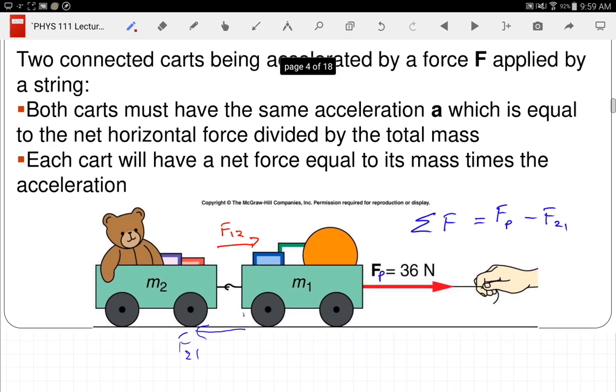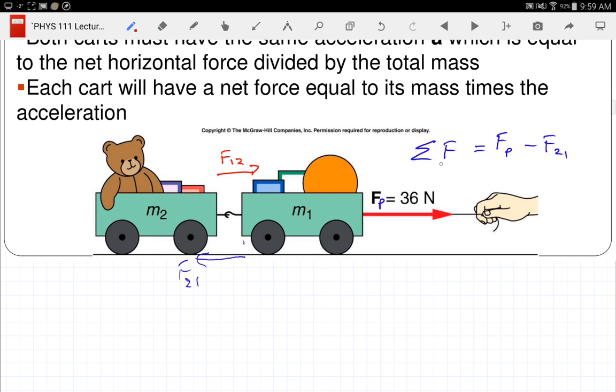And so if we look at this, I forgot to put some of the forces on 1 here. So we have those two equations for the sum of the forces.